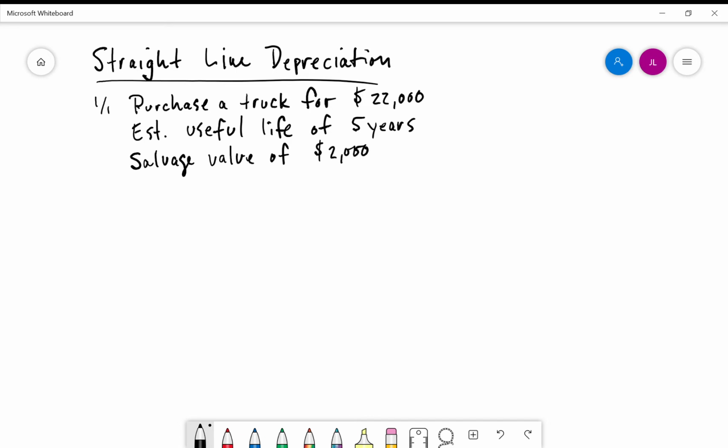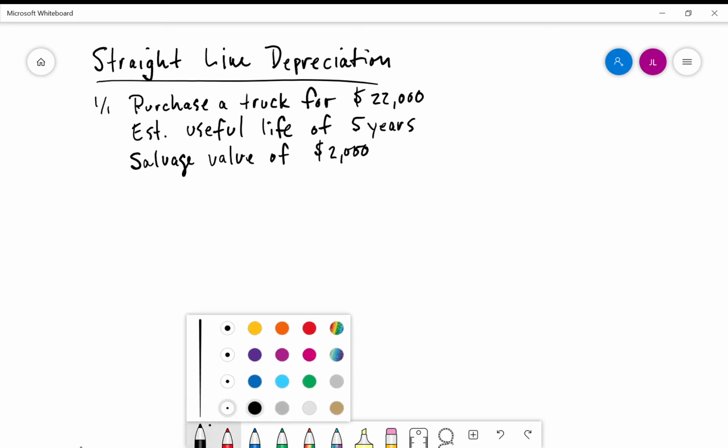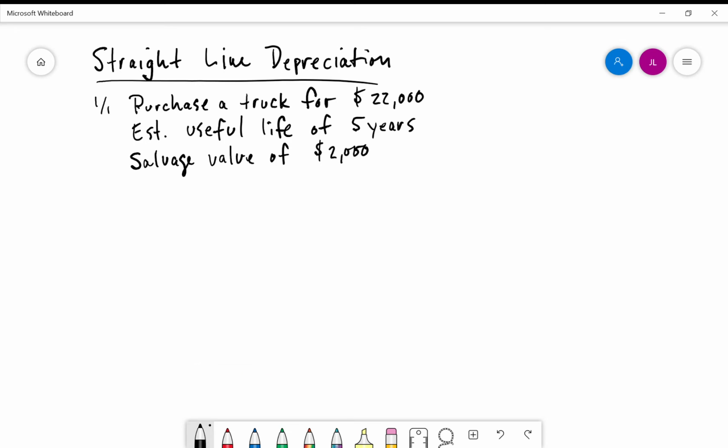Now, when we're looking at straight line again, there are a few things we have to be able to understand. Some definitions: historical cost is essentially the price paid for the asset.